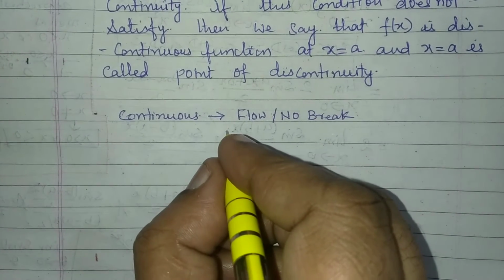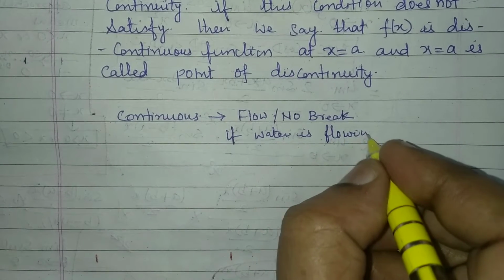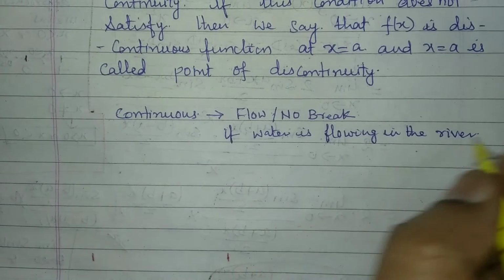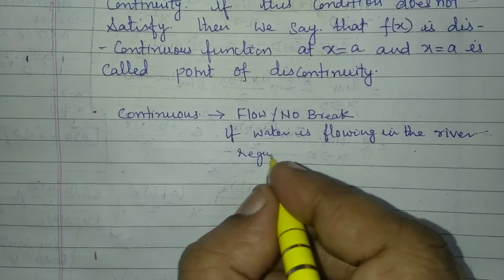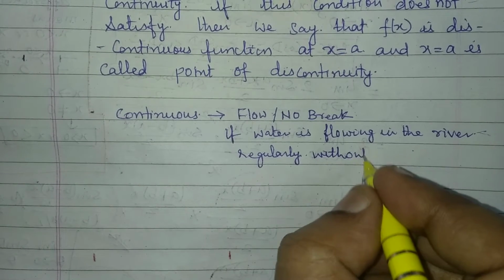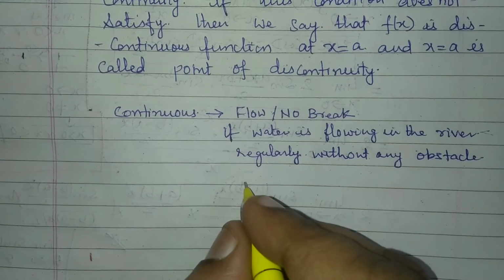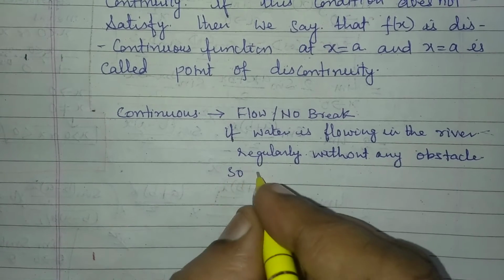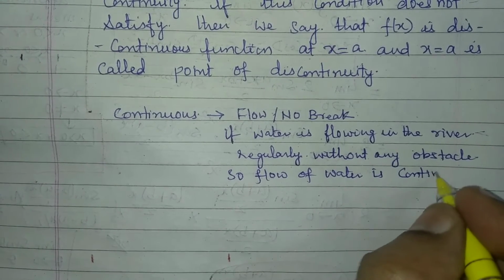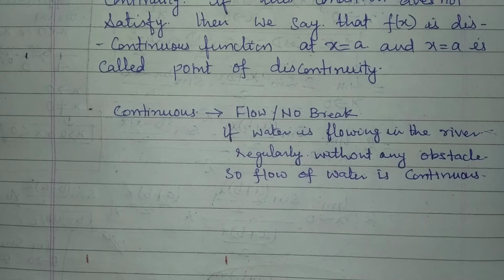So if water is flowing in the river regularly without any obstacle, it means the flow of water is continuous. If water is flowing in the river and there is no obstacle of any kind, then the flow will be a continuous flow.